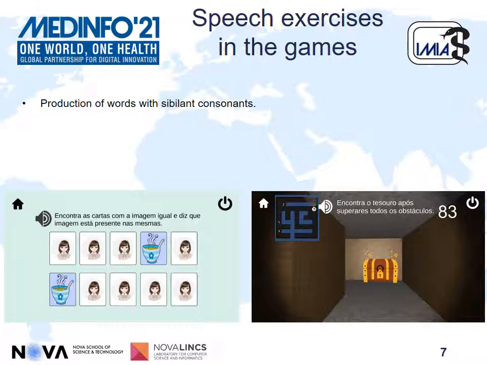So, as I mentioned before, these games have different levels. So what we do is to use different structures, different positions of the sibilant consonant, and also words that are common or words that are less common in different levels of these games.